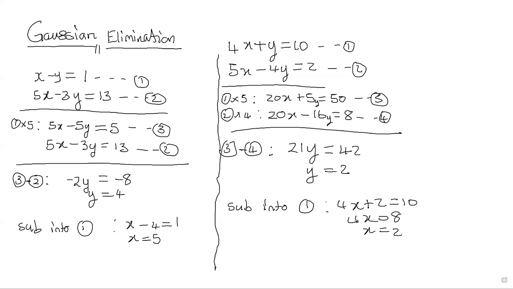Let's just do it on the other page. So we had 4x plus y is equal to 10, and then 5x minus 4y is equal to 2. This is equation 1. This is equation 2, right?